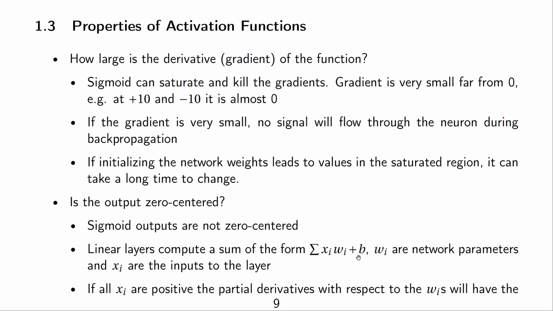If we compute the derivative with respect to W, these are the network parameters, we can observe that if all the xi's are positive, then all the derivatives of the wi's will have the same sign, because there are other things that go into the derivative as well.